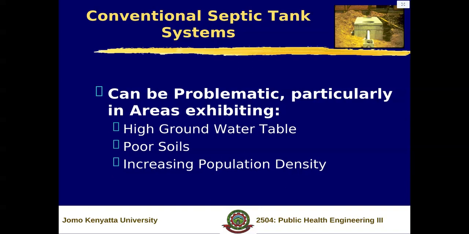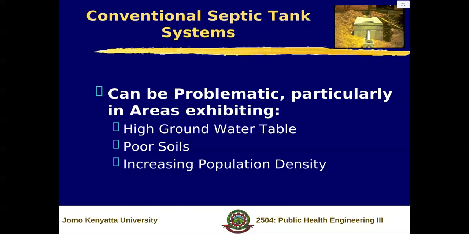We discussed this, and remember when we talked about the banana peel, the problem is that the environment has a carrying capacity, and beyond a certain capacity, it cannot sustain the pollution load. So if we had only 10 houses in Juja, that's fine.